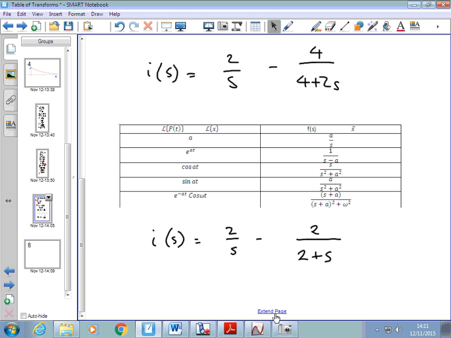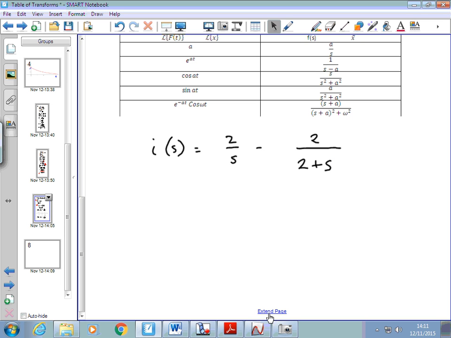And we can now write down our transforms time-wise. So this i(t) equals, if we look at the 2 over s term from the table, that's just a, whatever a is, which is 2.